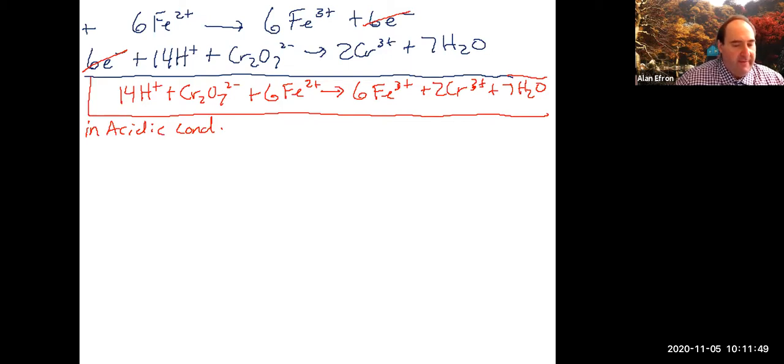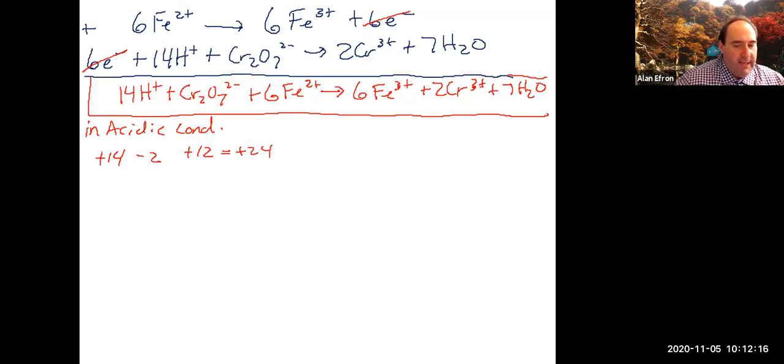So if we look on the left-hand side in terms of charge, there's plus 14 for our hydrogens. There's minus 2 for our dichromate. There is plus 12 for our iron. So that's a lot of math there, but plus 14 and plus 12 is plus 26. Minus 2 gives us a plus 24 on the left-hand side if we add up all of the charge.